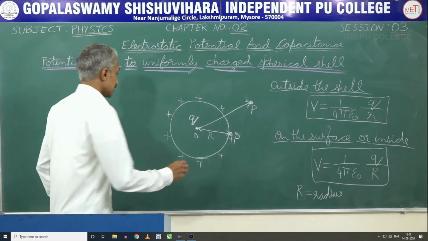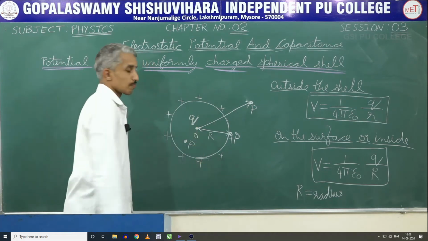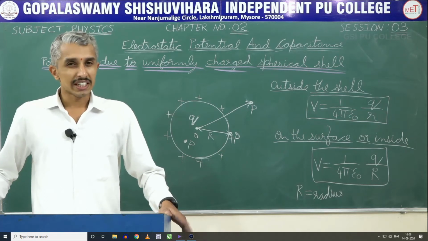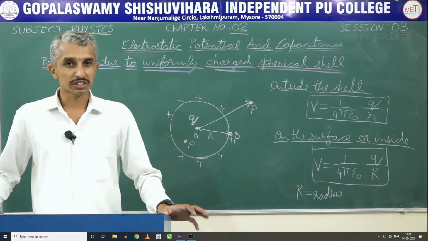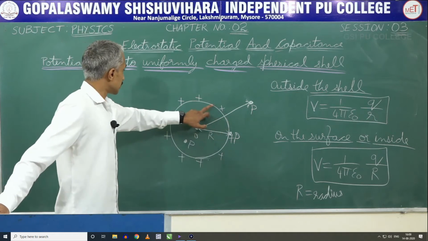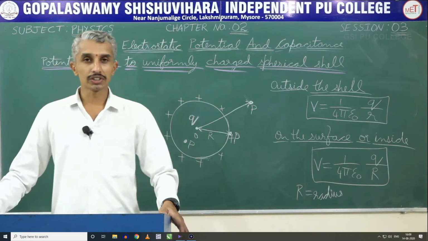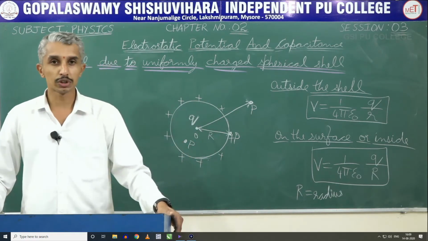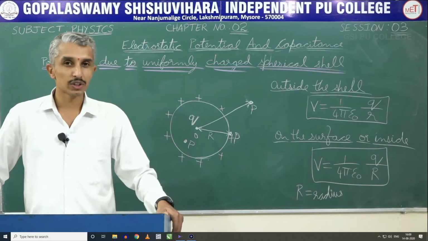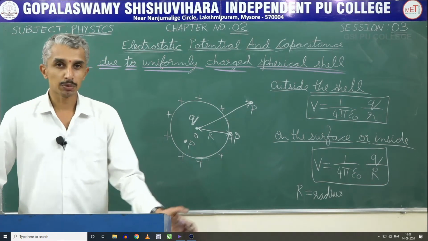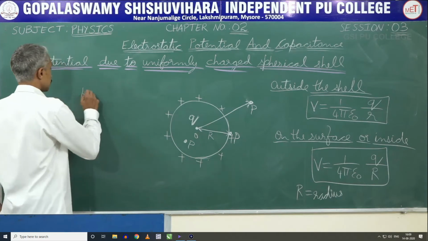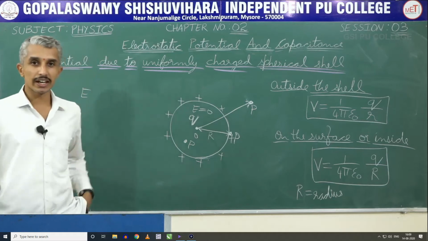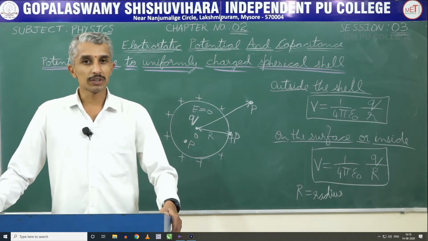What about a point inside the shell? For a point inside the shell, the potential is going to be the same as the one on the surface. The potential on the surface of the shell or inside the shell is going to be the same, 1 by 4 pi epsilon naught into Q by R. If you remember in your chapter 1, we got the electric field inside the shell as 0, but it is not the same in case of potential.